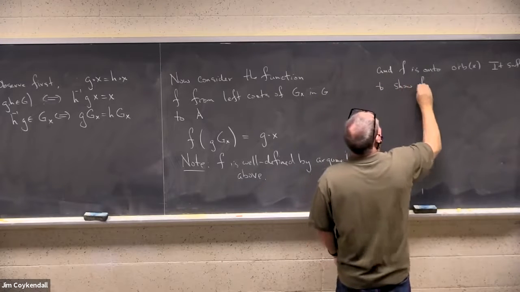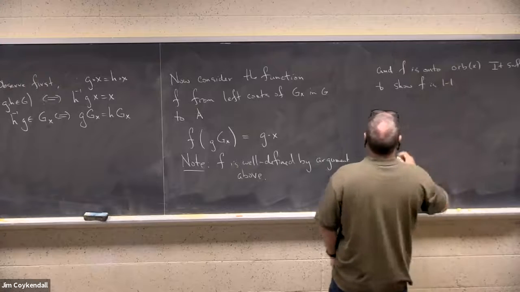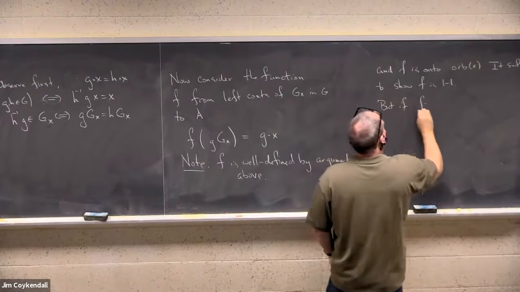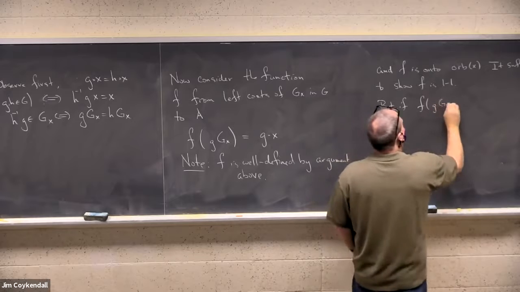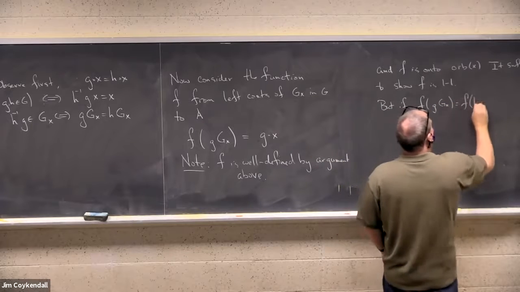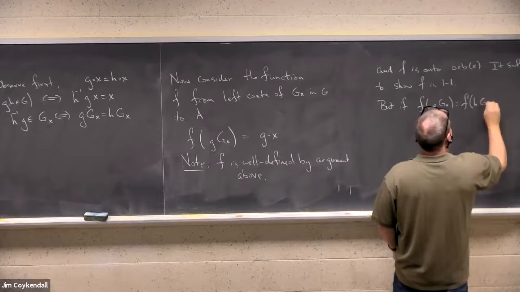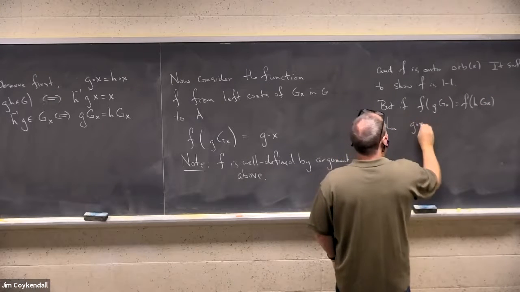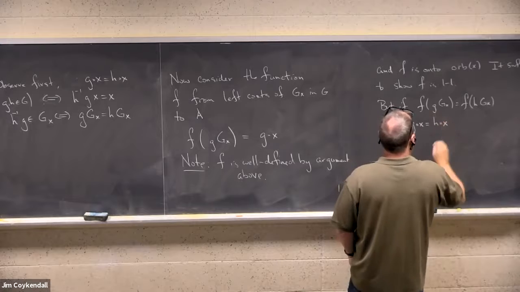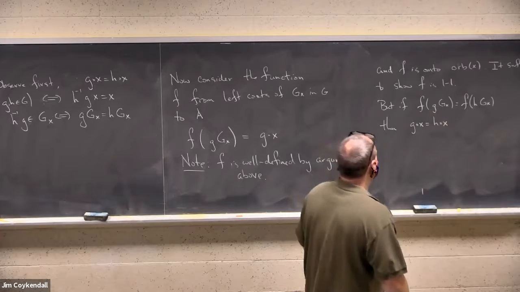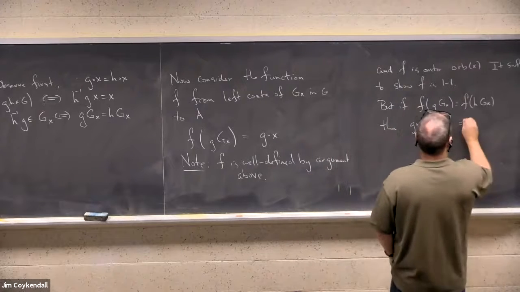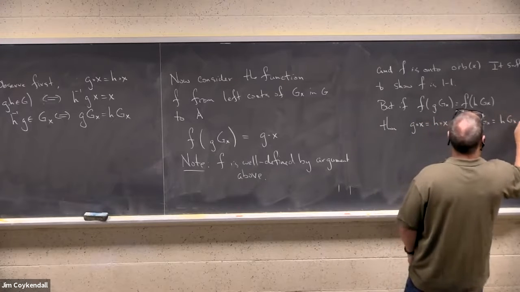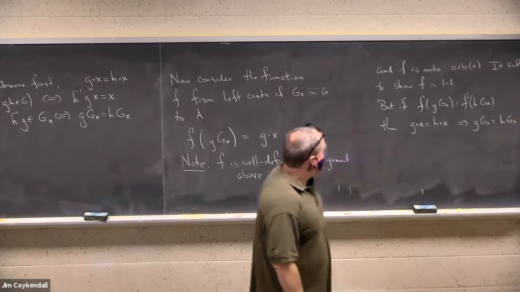So yeah, injective too. To this end, if f of g G_x equals f of h G_x, then g operating on x equals h operating on x, which implies the cosets are equal, so that proves it.